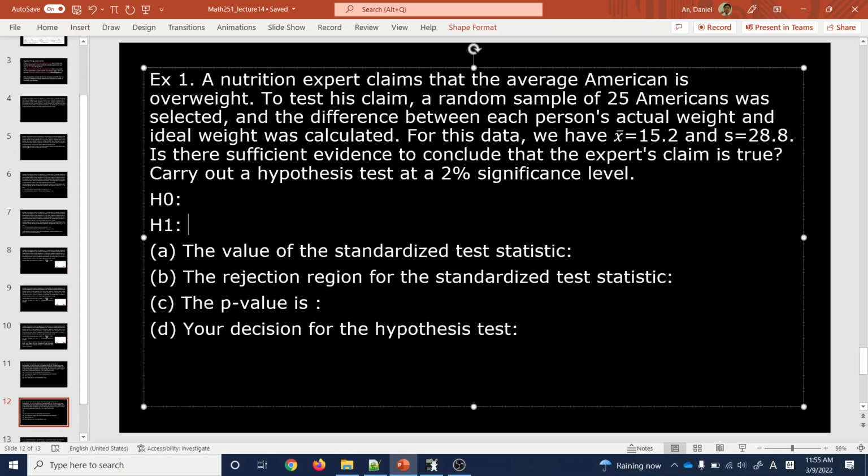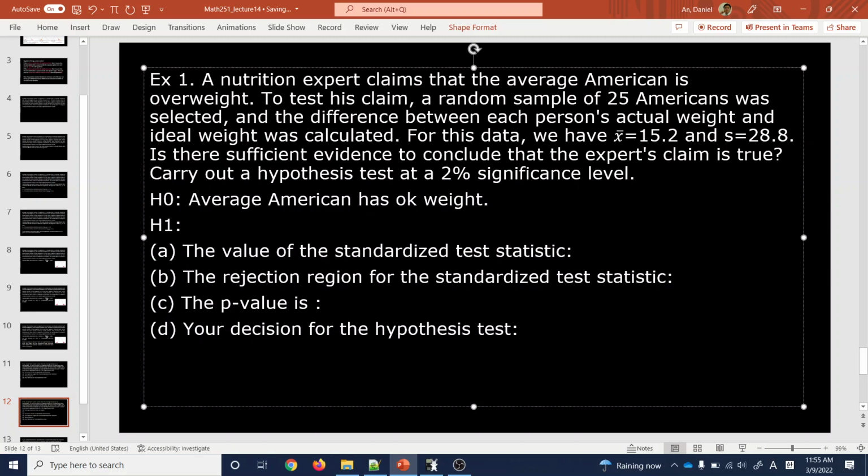But then remember that the null hypothesis is always equal. So what's the statement that you should put for H0? The average American has okay weight, correct weight.